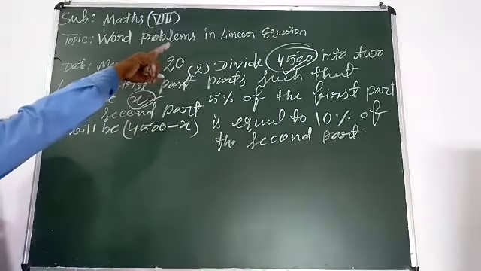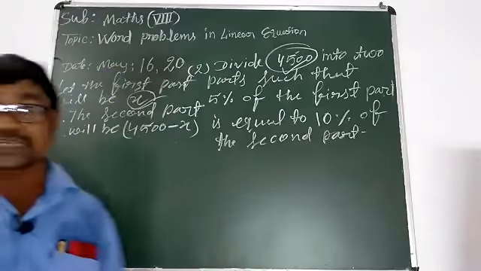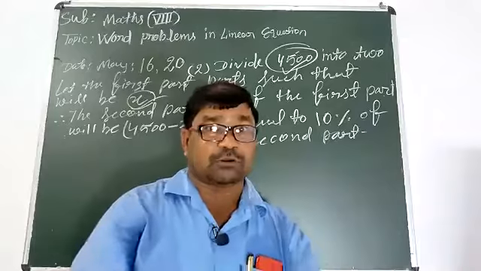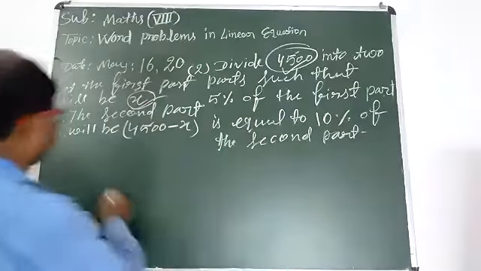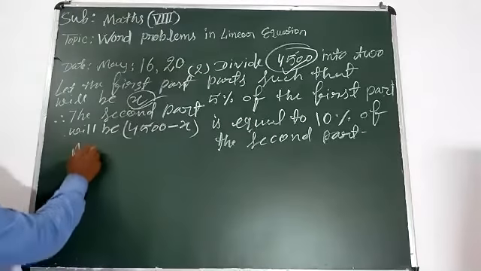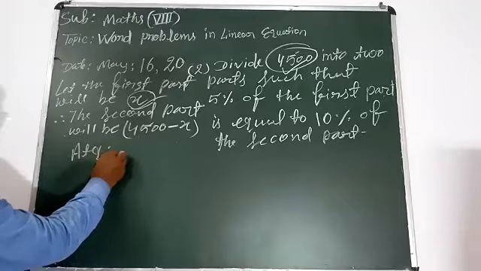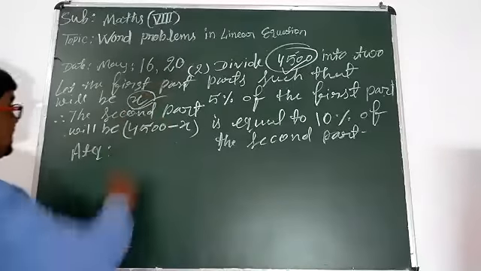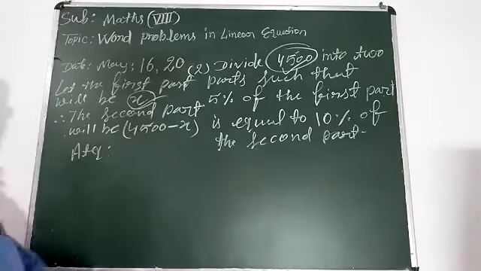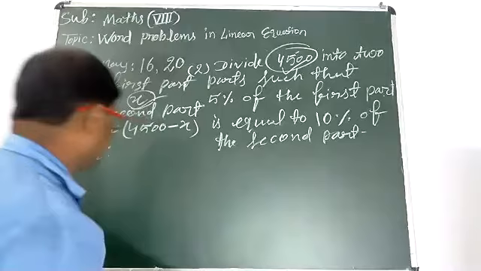Now we should go according to the condition. The condition is 5% of the first part equal to 10% of the second part. Now come to ATQ. 5% of the first part. What is the first part? x.